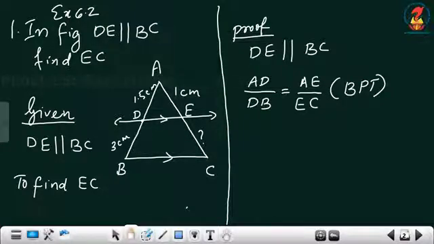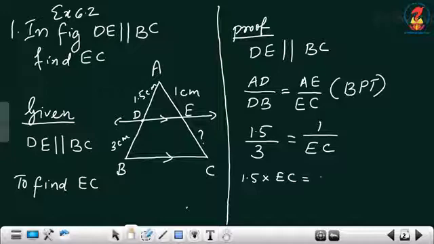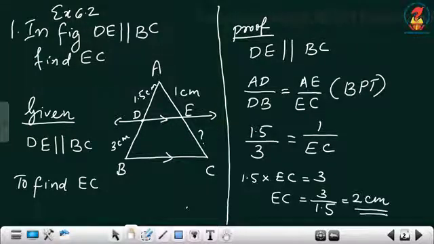AD is equal to 1.5, DB 3, AE 1, and this is EC. Then cross multiply. 1.5 into EC is equal to 3. So EC is equal to 3 divided by 1.5, which is equal to 2 centimeter. This is the final answer. The value of EC is equal to 2 centimeter.